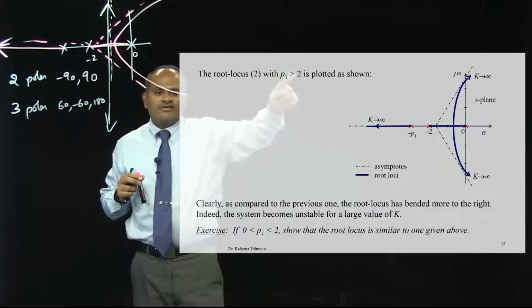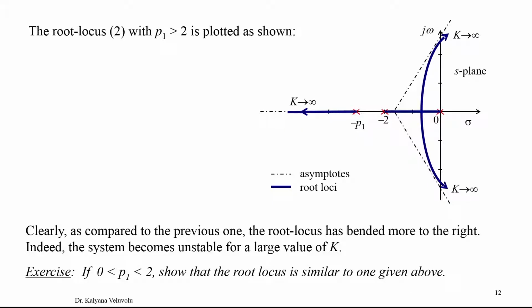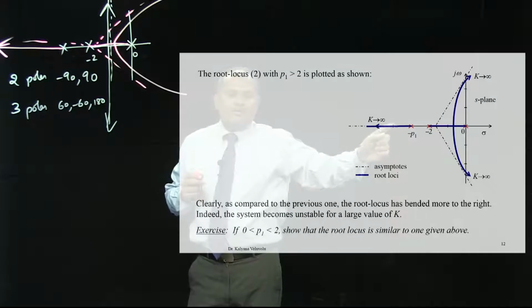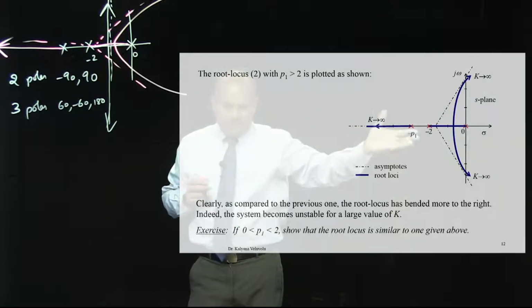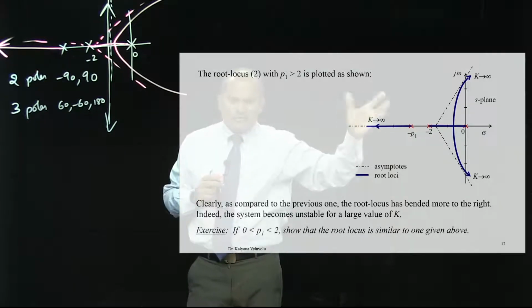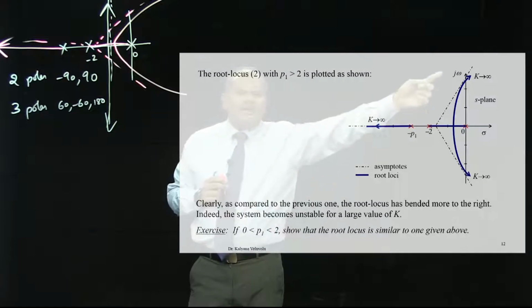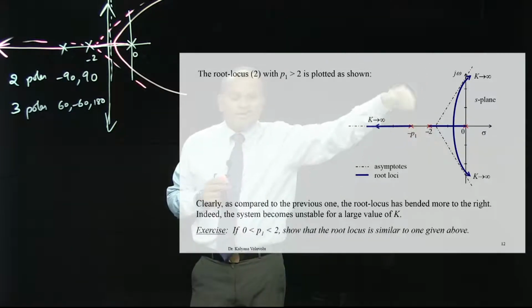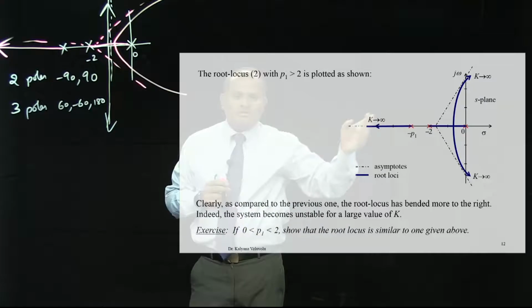The actual selection of P1 here: P1 is greater than 2. Even when it is less than 2, it also provides a similar scenario. So, when you place the pole here, here, anywhere, you will have the same root locus, but with slight modification in the gains or in the crossing of the imaginary axis. It depends on the actual location of the pole.